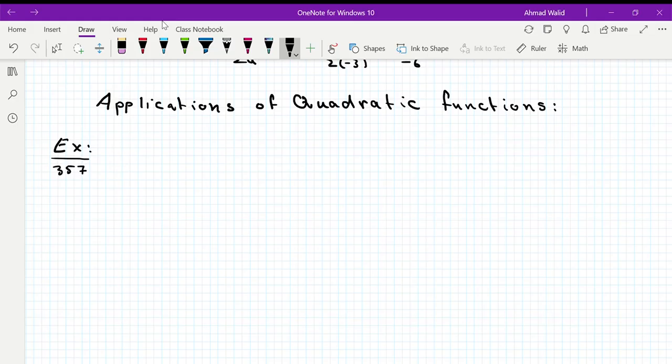Among all pairs of numbers whose difference is 10, find a pair whose product is as small as possible. What is the minimum product?